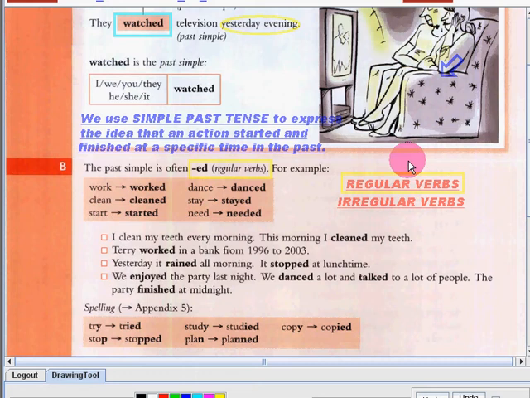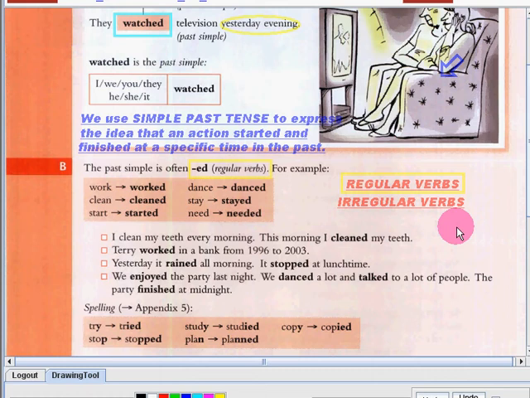Regular verbs are formed when we add the letters ed at the end of our verbs. Let's read the following examples. Work, worked. Clean, cleaned. Start, started. Dance, danced. Stay, stayed. Need, needed. So, it is easy to understand simple past tense, right?